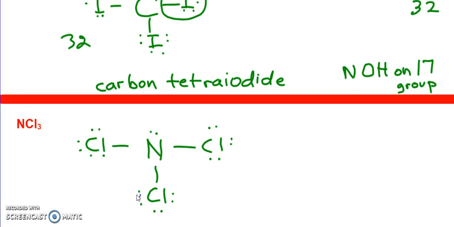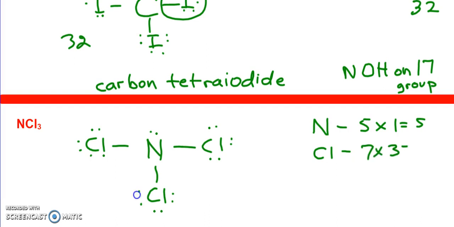My Lewis structure is now drawn, but I'm not positive it's correct. So, nitrogen, valence 5 times 1. All right, chlorine, valence. Okay. So far, so good, right?